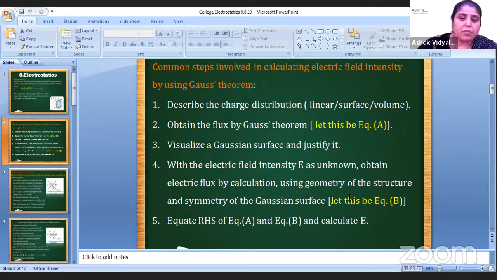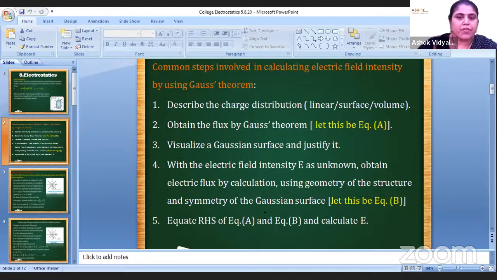This equation number B is the equation which is obtained with the symmetry of the surface. Equation number A is with the help of Gauss law, and equation number B is with the help of the surface geometry. Okay, then you have to equate equation number A and equation number B. With equating these equations, we have to simplify the equation for the electric intensity.